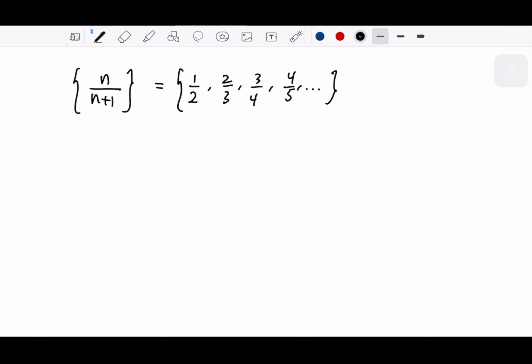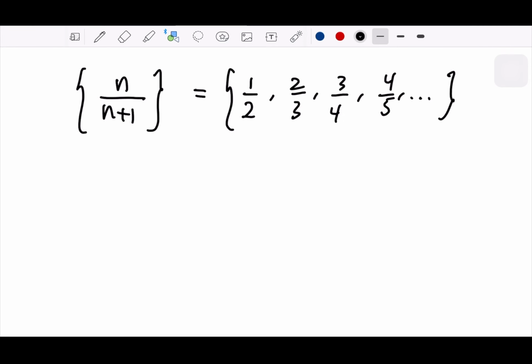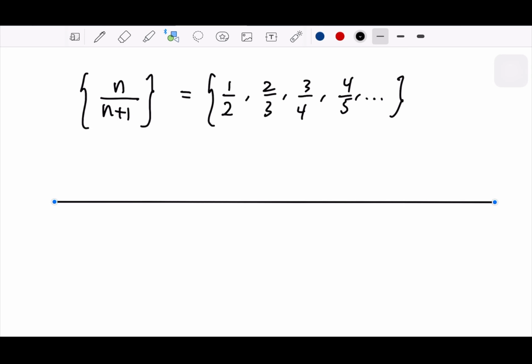What I want to show you is that if we try to draw the sequence on a number line, let's say this is our number line, starting from 0 to maybe 1 here. Then this will be A1, A2, A3, A4, and so on. A1 is half, in the middle.